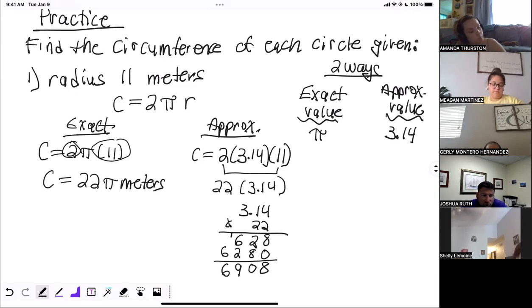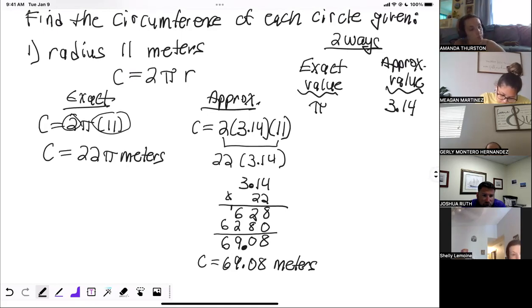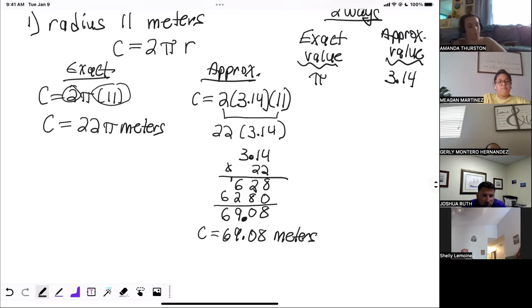And then I have 2 decimal places right here, so I'm going to move over 2 decimal places. My answer is C is equal to 69.08 meters. That's the approximate answer.